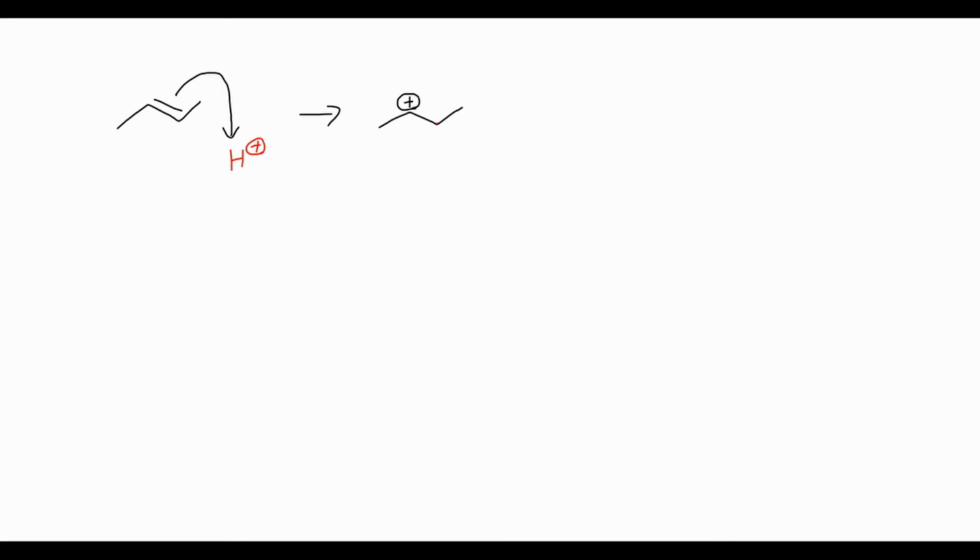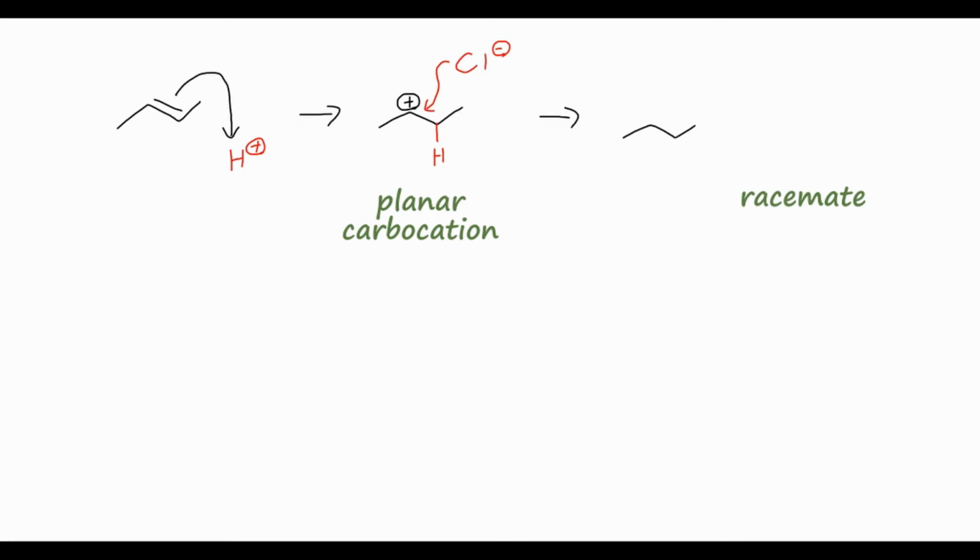And remember that carbocations have planar geometry, so this chloride that comes in to capture the carbocation can approach from either side, either above or below the carbocation, giving us a racemic mixture of 2 products. So we'll have one product where the chlorine is coming out of the page towards us, and the other product where the chlorine is going into the page. So we'll have that racemic mixture of 2 enantiomers.